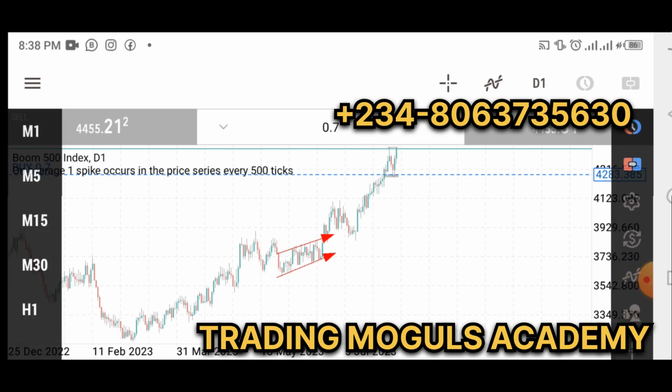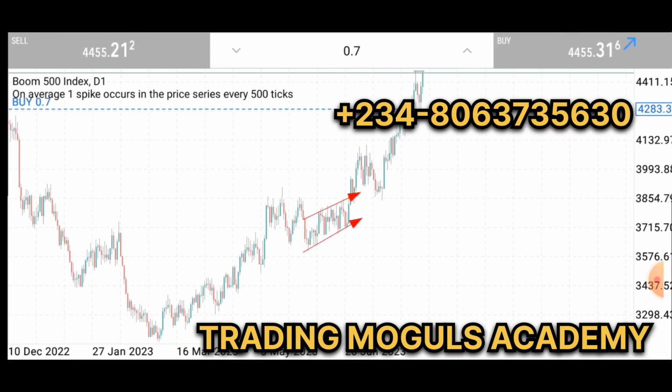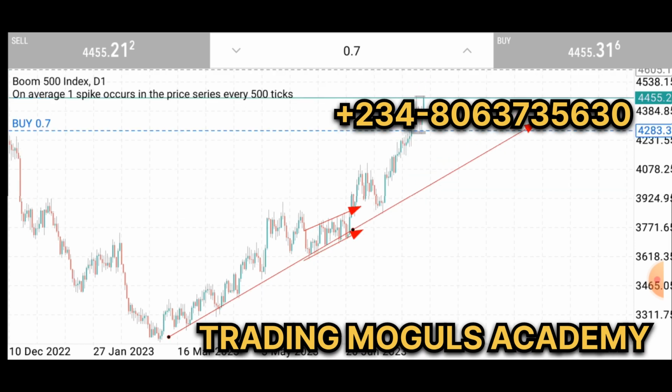So, putting my trend lines together. Okay, so on a daily time frame, we can clearly see that our chart is actually bullish, which simply means it is in an uptrend, making no lower lows, but making higher lows and higher highs, as we can clearly see here.